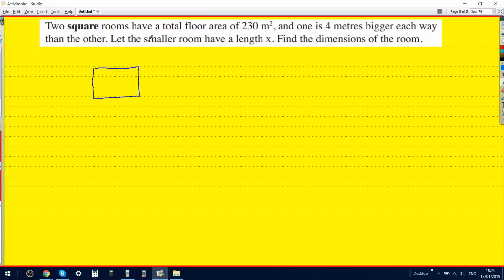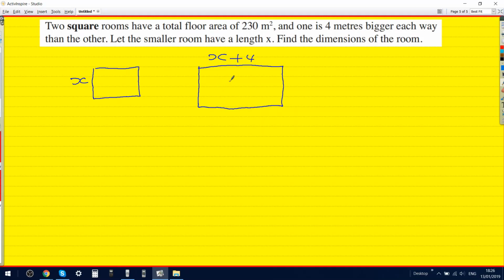So what could you say about the first? What could you say about the second? The first one would be every single length would be x. Okay, so that's a square, so it's x. Second one? Every single length would be x plus 4. I believe so. And they have a total floor area of 230. What is their total area in terms of x?